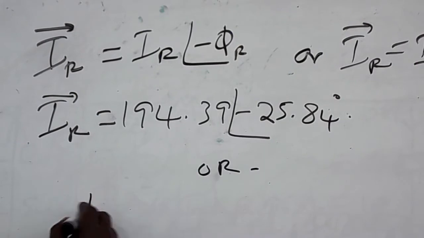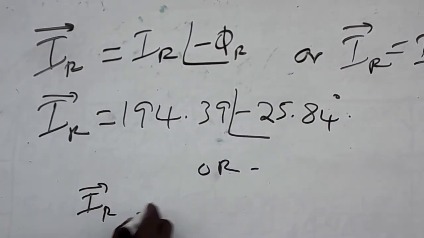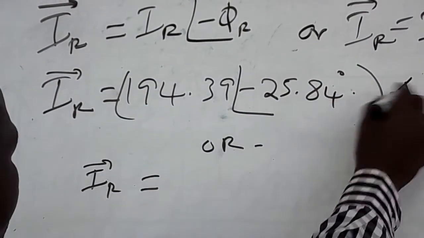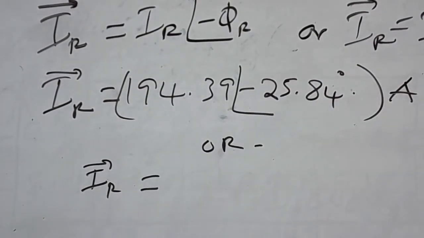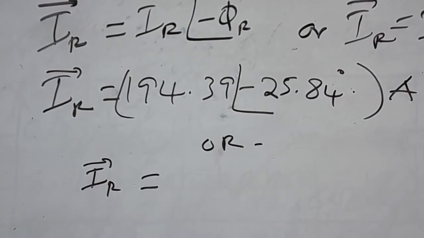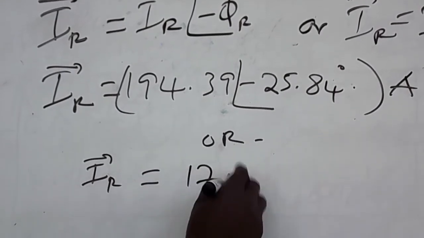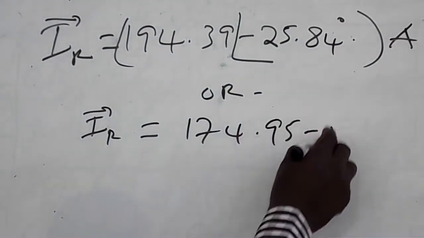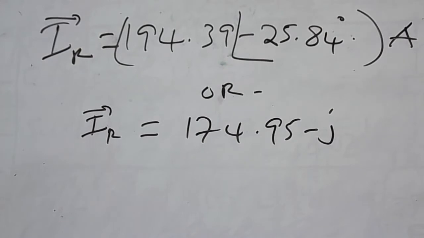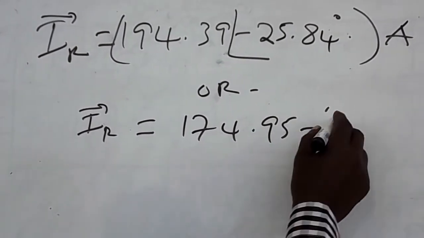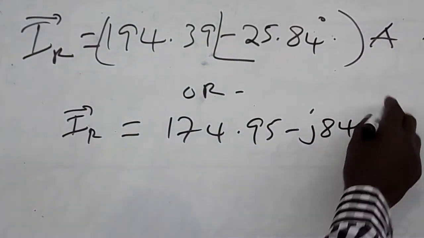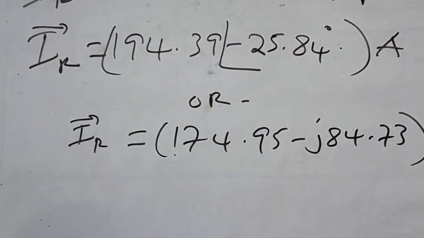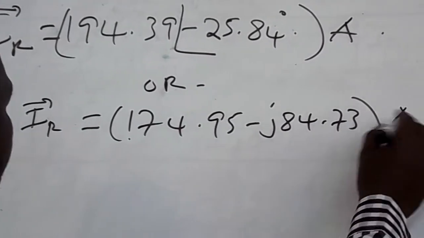When you convert that into rectangular, it will give us 174.95 minus j84.73 amperes.